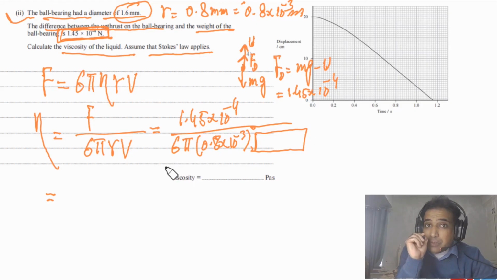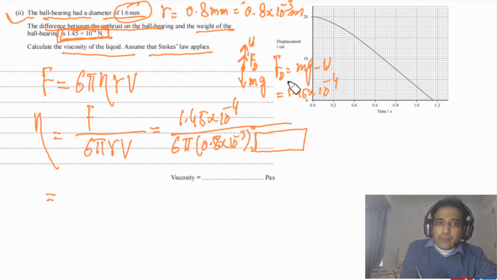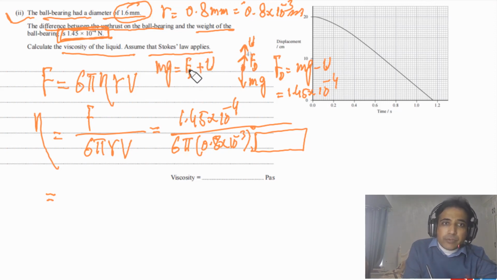V is the terminal velocity when Fd is equal to mg minus u, or simply you can say the instant when drag plus upthrust is equal to mg, meaning mg is balanced by the sum of drag force and upthrust. At that instant the ball bearing is falling at terminal velocity. So the velocity we have to use is terminal velocity.